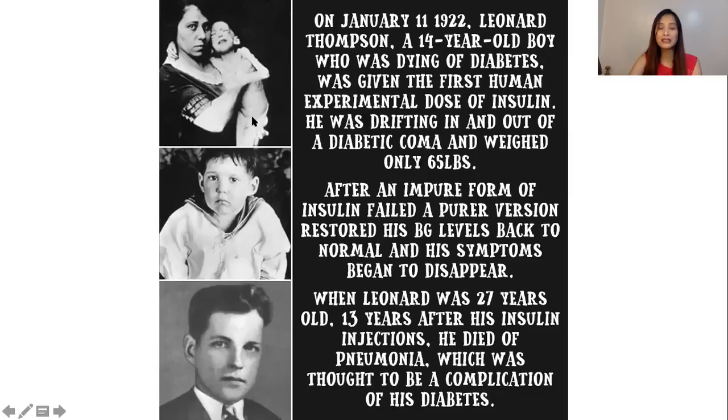He gained weight and achieved some growth and development. However, when Leonard was 27 years old, 13 years after his first insulin injection, he unfortunately died of pneumonia, which was also thought to be a complication of diabetes.